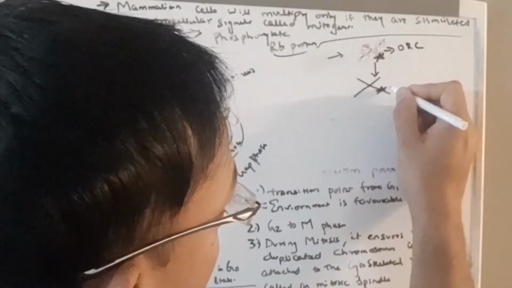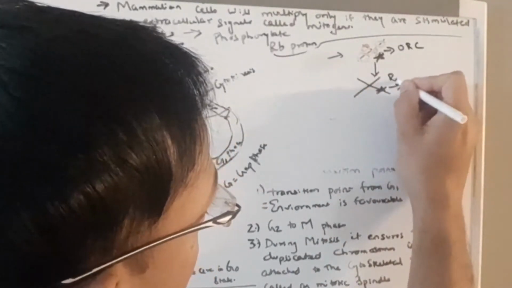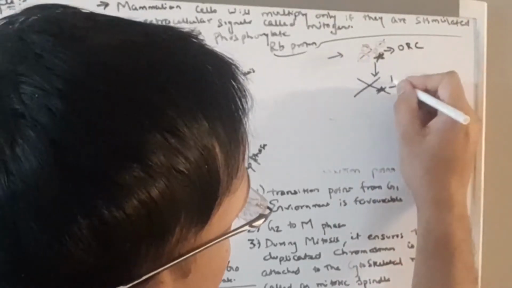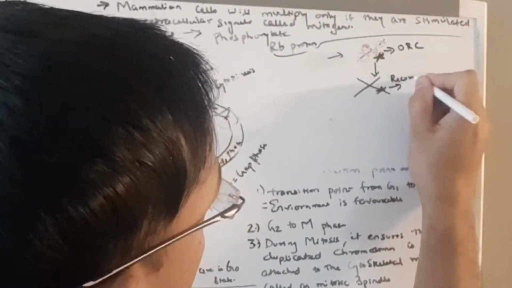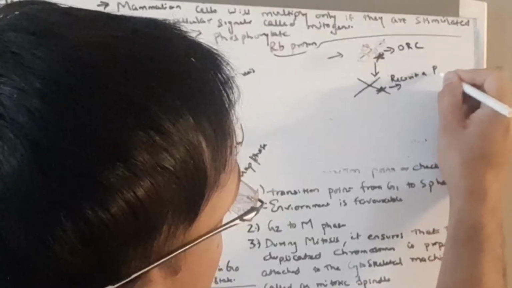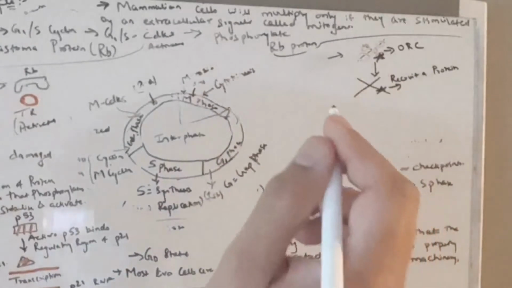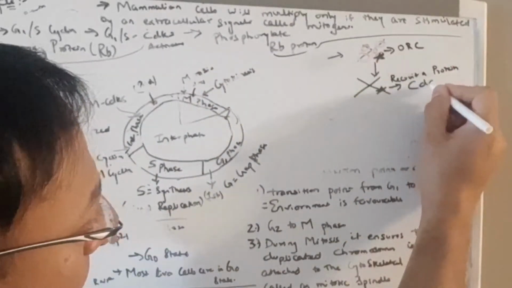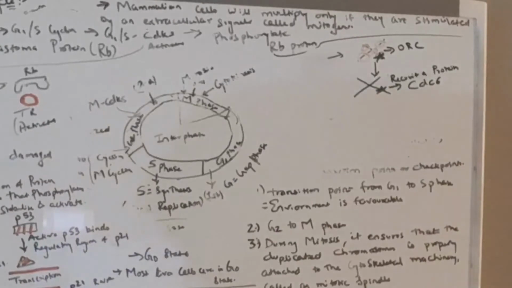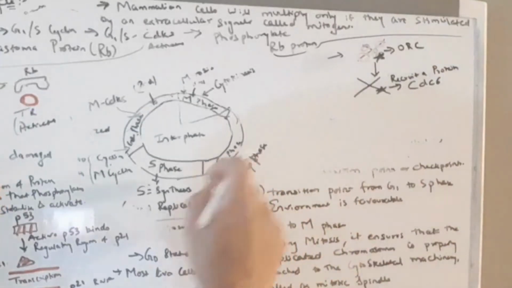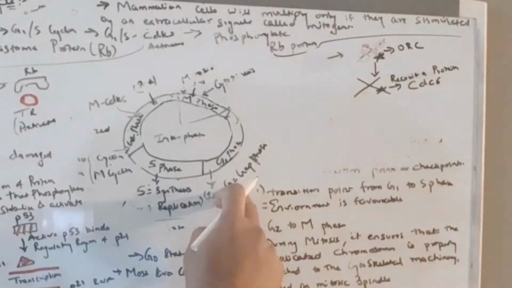This will recruit a protein, I will write it down here, and that is called CDC6, right? This CDC6 concentration rises early in G1 phase. So this CDC6 concentration will start rising early in the G1 phase.